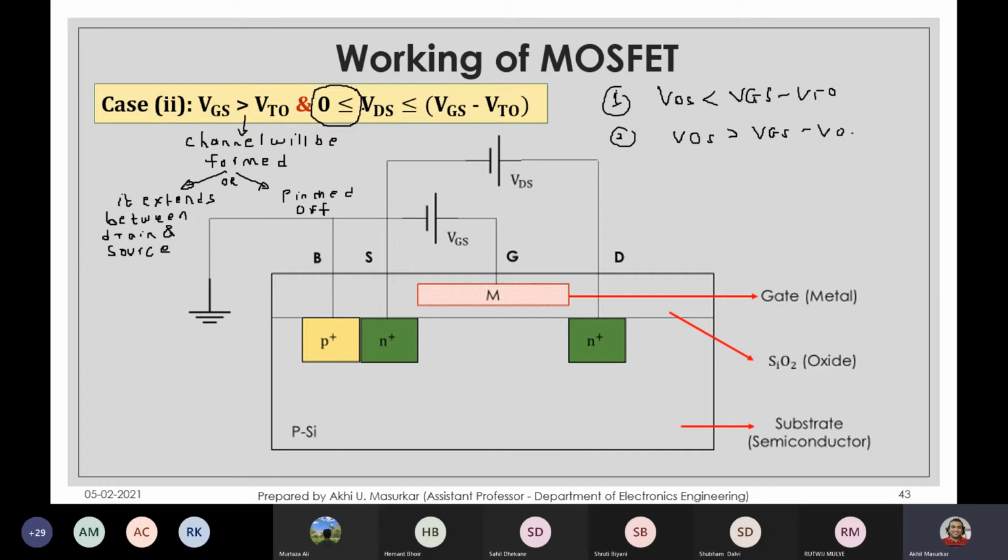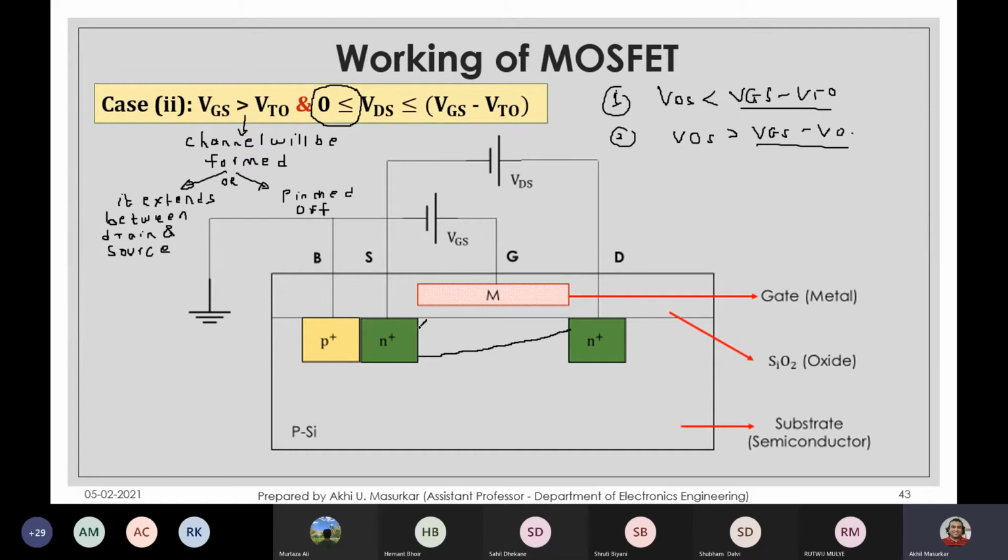That means VDS is between 0 and some positive value, and VDS is greater than that particular positive value. So the deciding point is actually VGS minus VTO. So in this region of operation, case 2, you will show a channel which is like this.